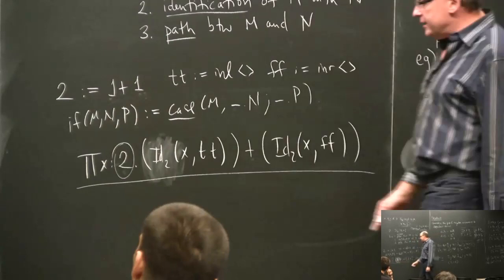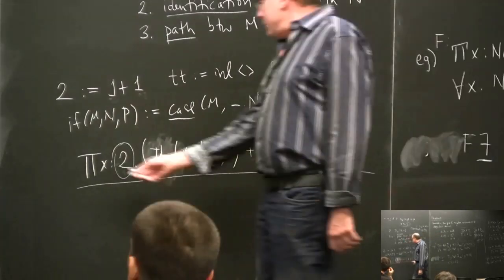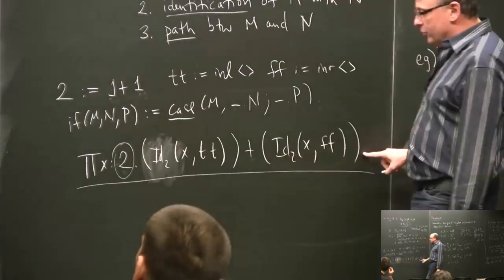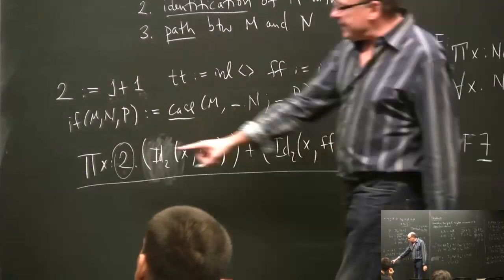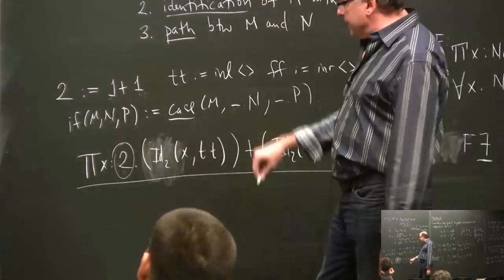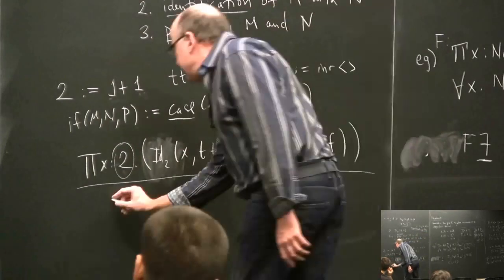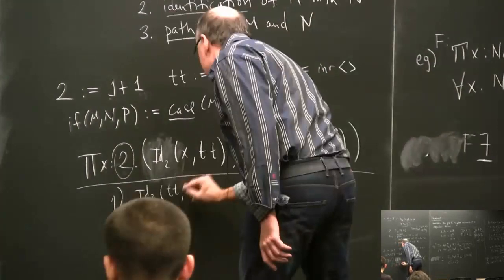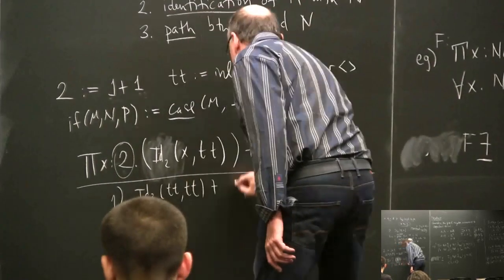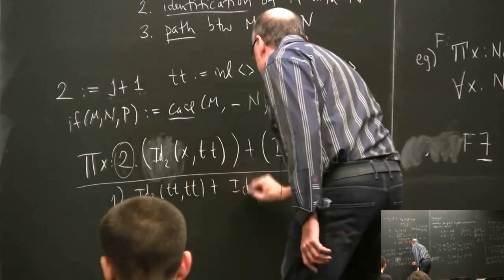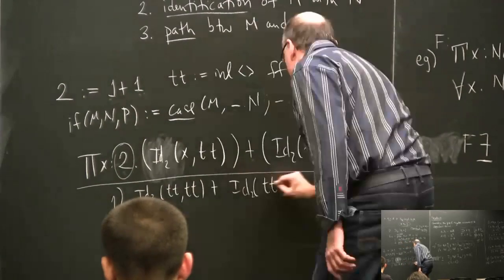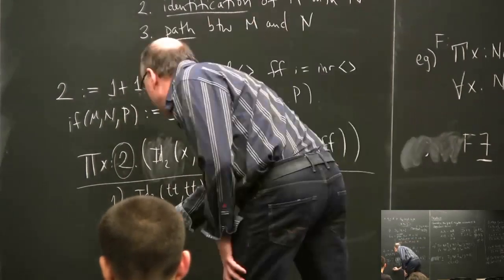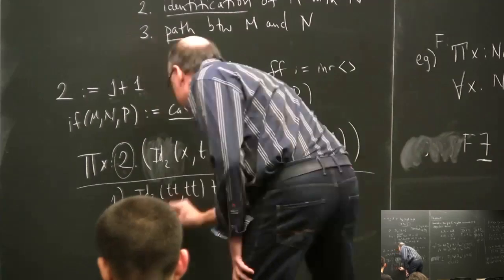The point is that I'm going to do two cases, and the thing I have to prove is going to depend on which case I'm in. So the subsidiary case analysis will be either prove this in the evident way, or prove this in the evident way. I'll have to do both of these because there are two cases.